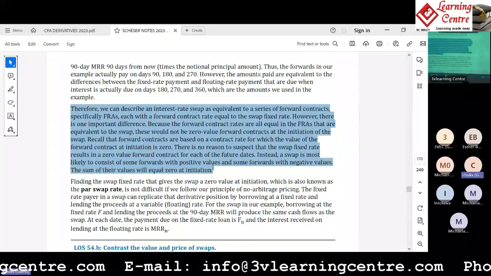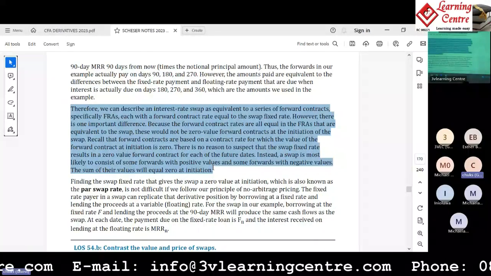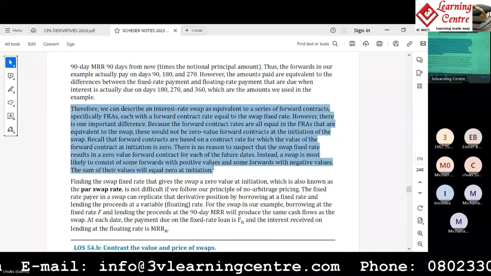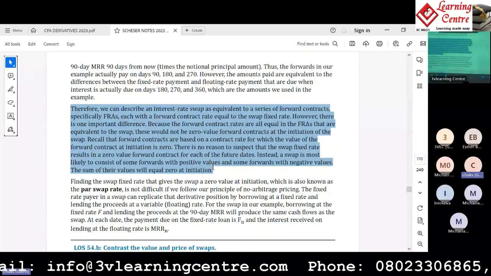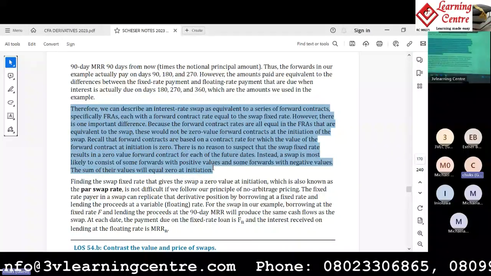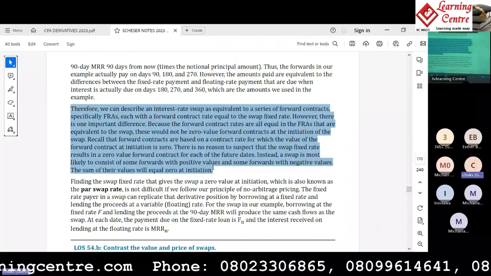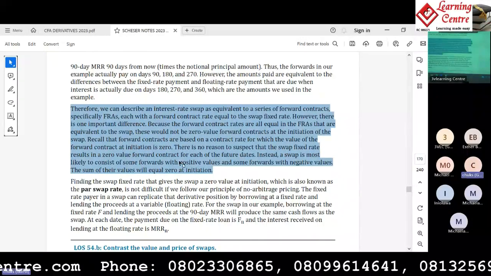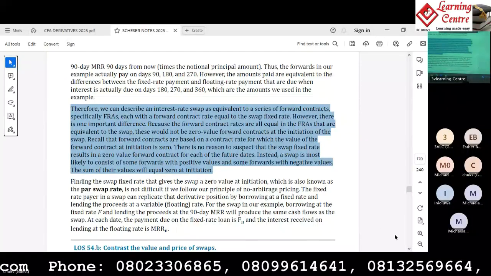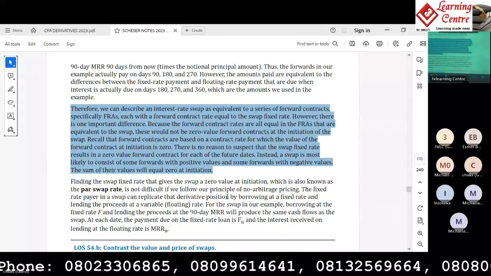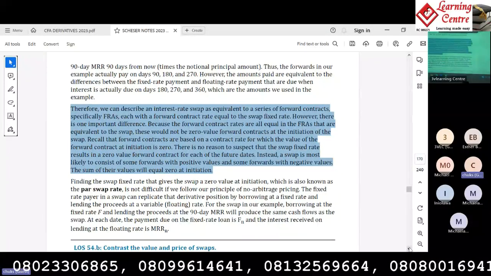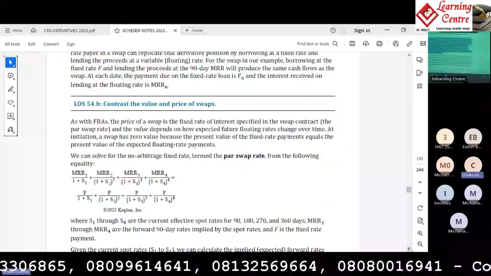So it is moving. At the end of the day, it is still the same, but during the period there is what we call fluctuation. Some will be negative, some will be positive. Okay? So that is for swaps.